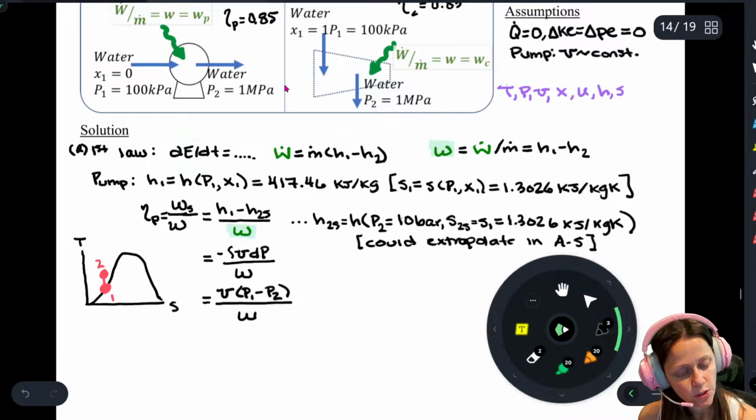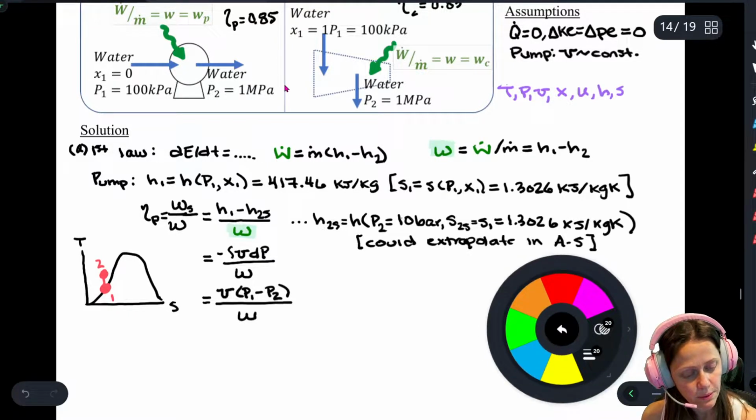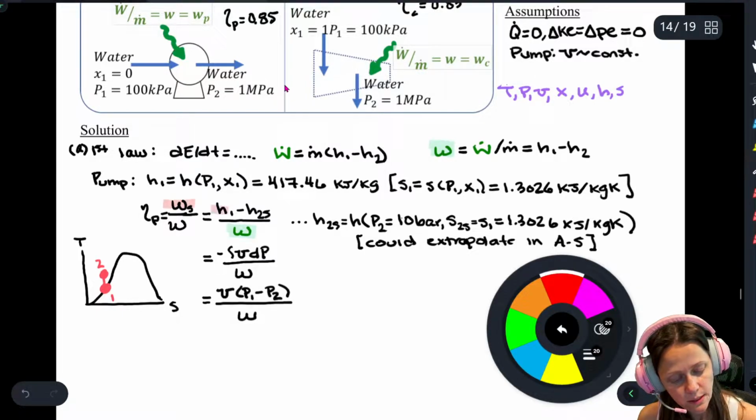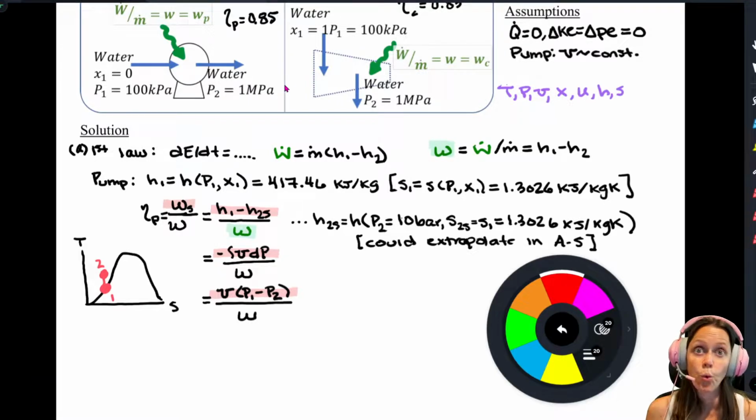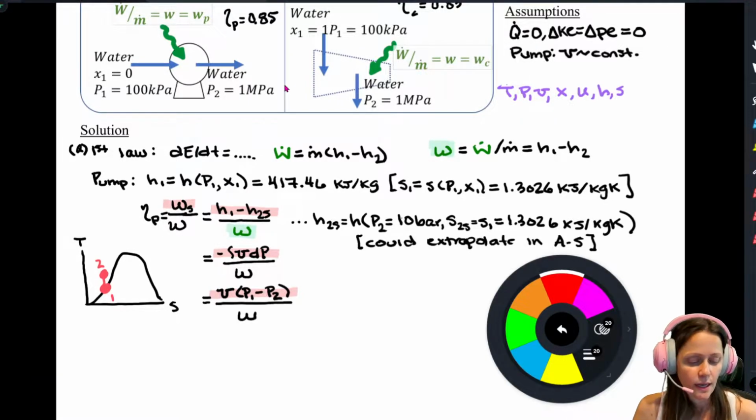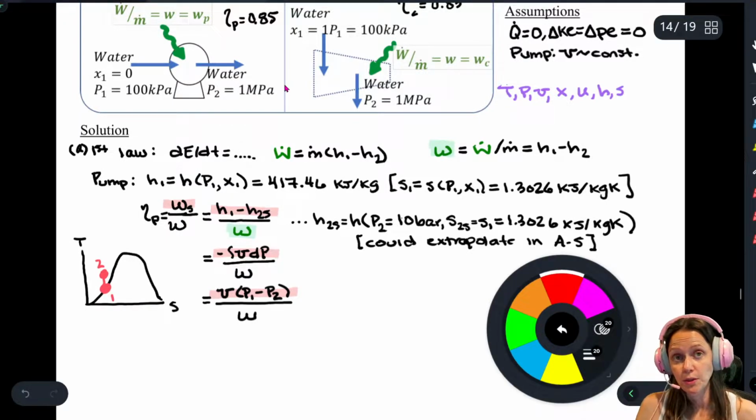So just to recap, this and this are all the exact same quantities. Now, I will say, if you do extrapolate for H2S, you will end up getting a slightly different number than what we're going to calculate with the VdP.